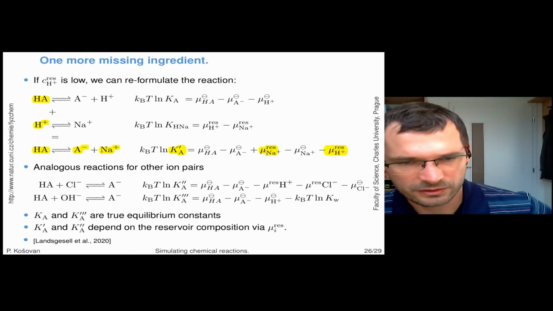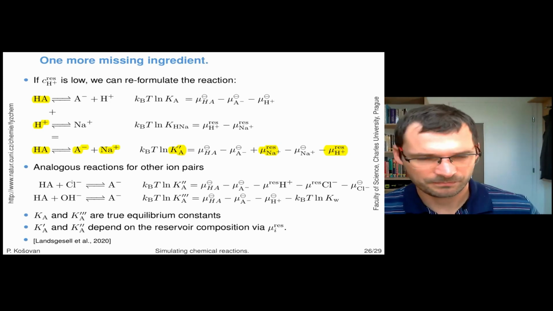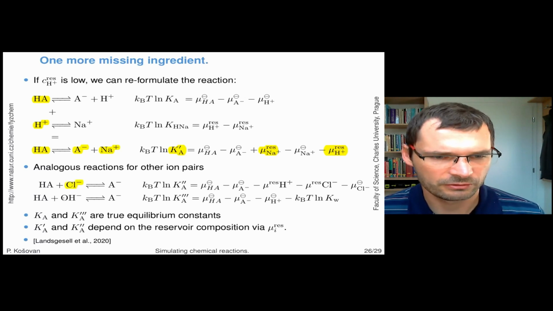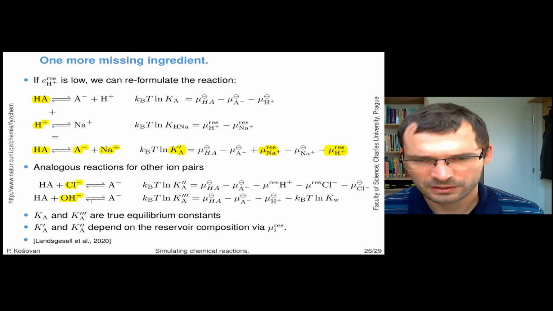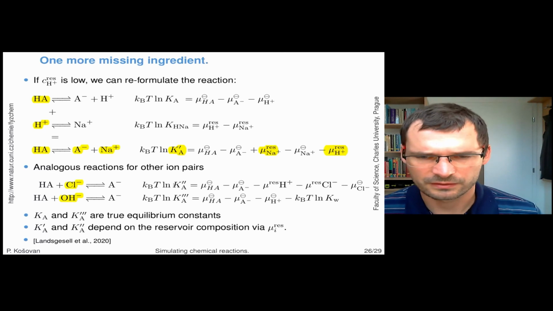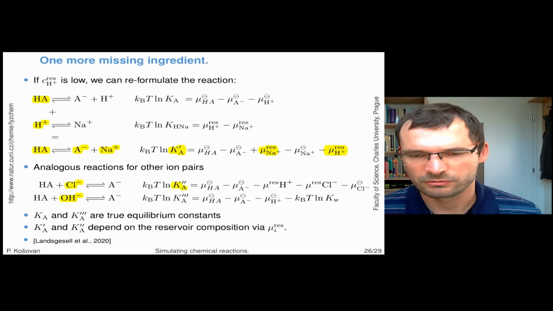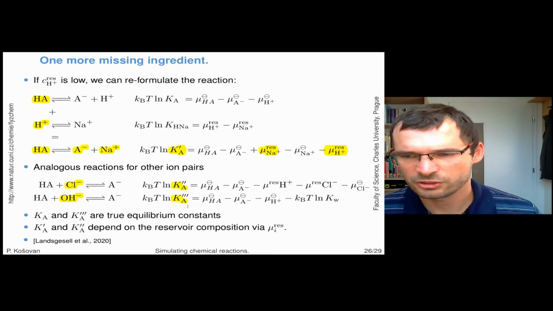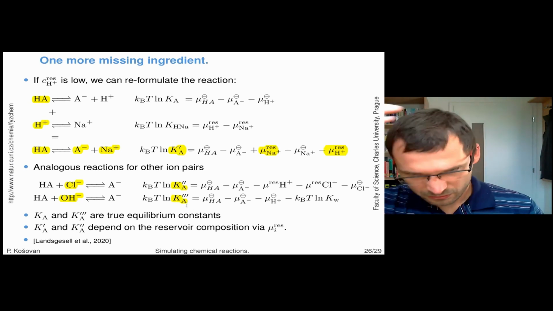In an analogous way, I can formulate other chemical reactions, all representing the same acid-base ionization, but involving chloride and OH- ions, and again, in a similar way, I can obtain the two equilibrium constants Ka-double dash and Ka-triple dash.